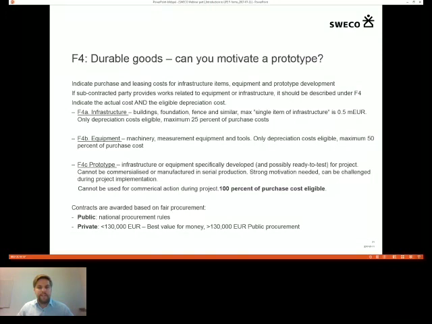You would think that this needs to fall under F3, subcontracted or external assistance costs, but if, for example, a works contract is carried out by the same excavator driver, then it should be put under, for example, infrastructure. If you use the excavator to prepare the foundation for a new building, that would fall under infrastructure.